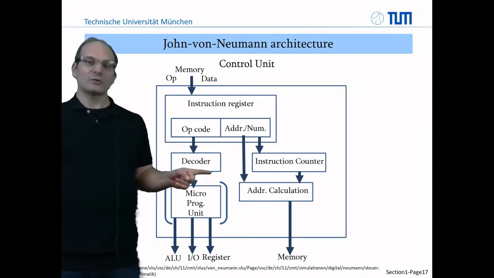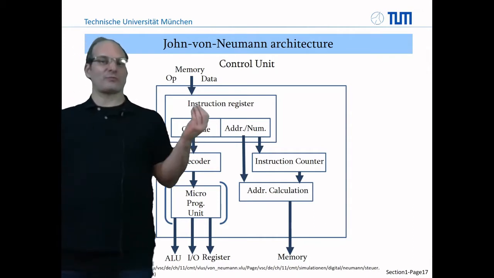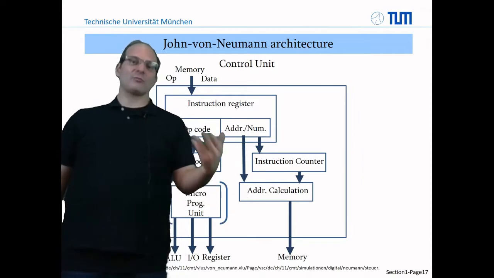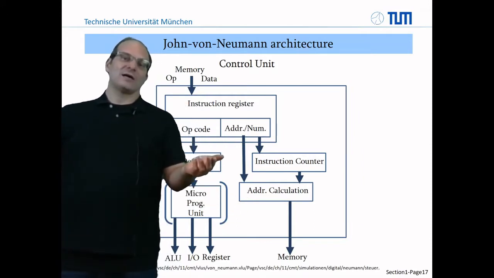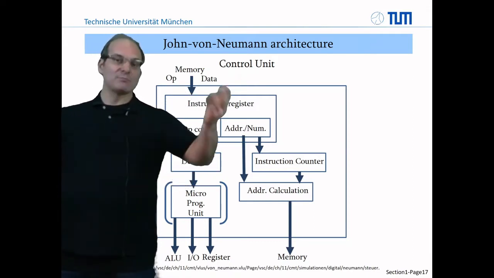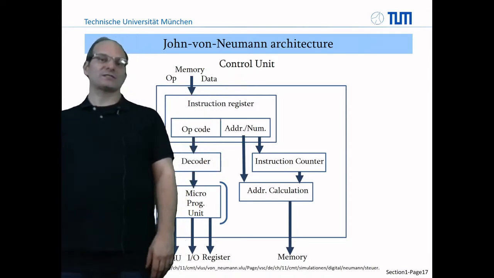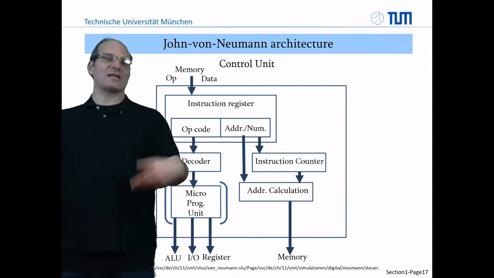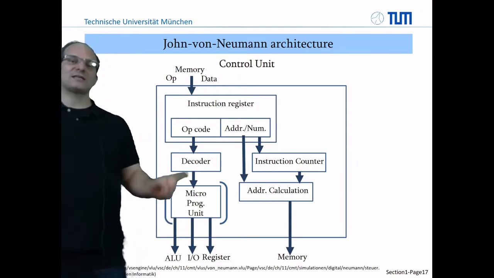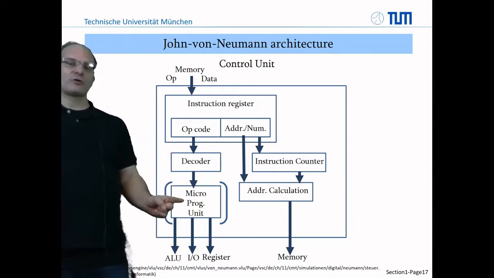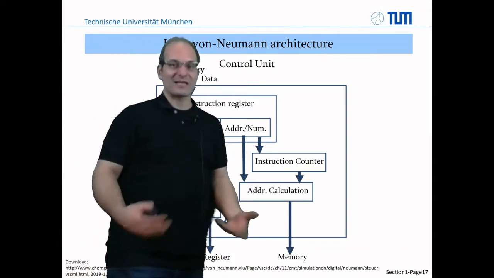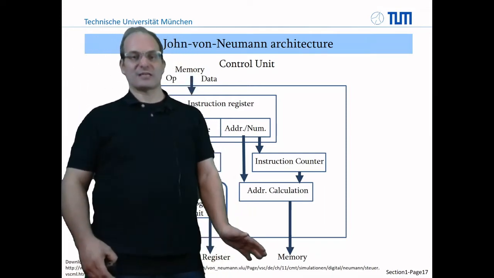So we decode the operation code. Decoding the operation code can be quite simple, as I said. It's just sending the operation code or the command word into a special input bit sequence, and then saying to the ALU, now process with the clock. Or it can also be the startup of a small micro program, so that different other small commands are sent directly to the processor.